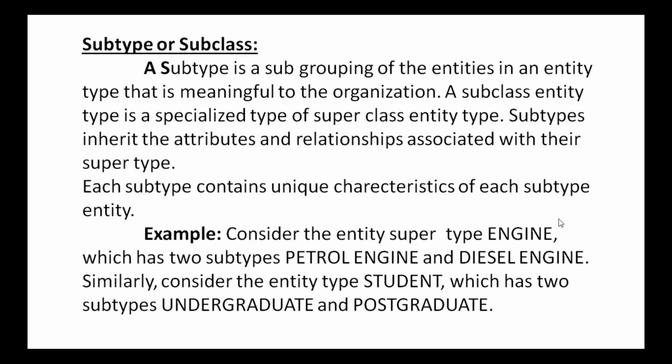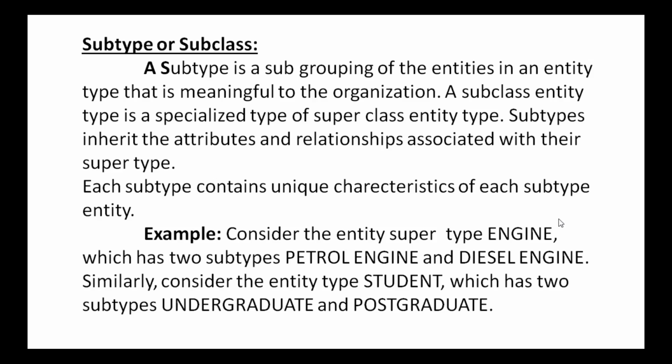For example, consider the entity supertype engine. Engines are of two types, petrol engine and diesel engine. In the entity relationship model, all the petrol engine and diesel engine entity instances are maintained in one entity, engine.